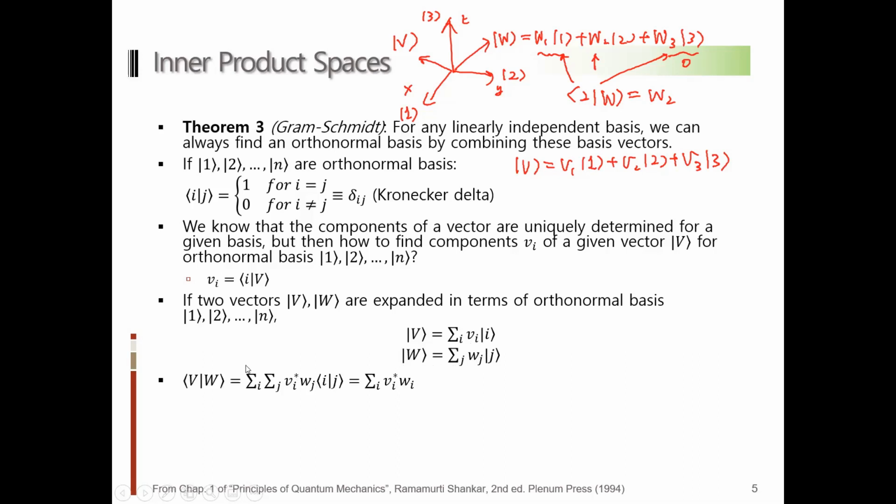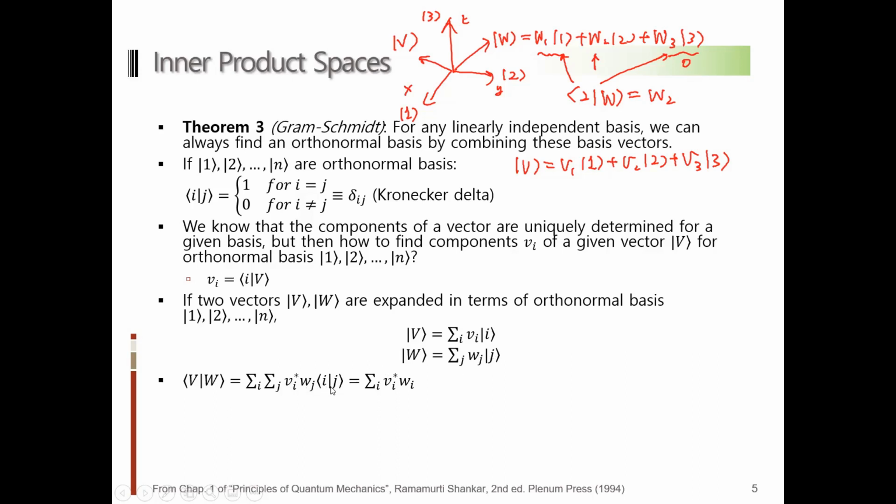In this case, you should remember the anti-linearity property of the bra vector. Instead of multiplying v sub i directly, you always have to take the complex conjugation of each of these components, and then you end up multiplying each of these orthonormal bases with these orthonormal bases.